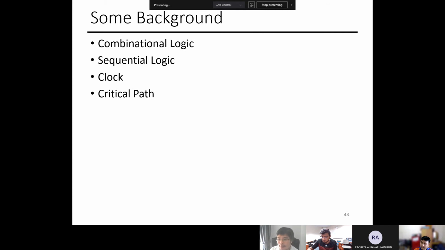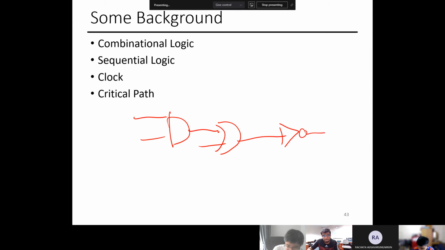Critical path is, think of it as the longest road for the electron to propagate from the source to the destination, because an electron is a physical thing. So if you think about it, let's say you have a logic like this. These are AND and OR, and then you do a NOT, and then you AND with, I don't know, this input again.